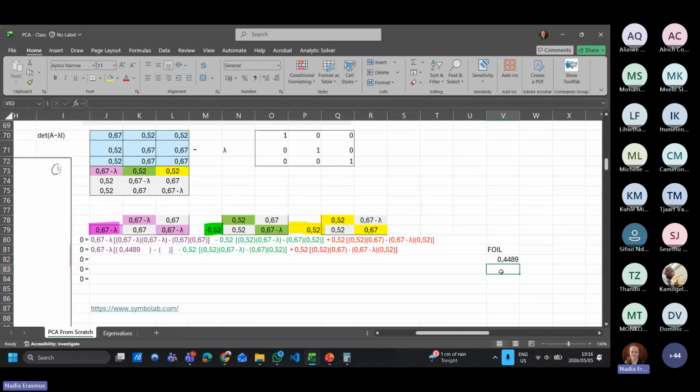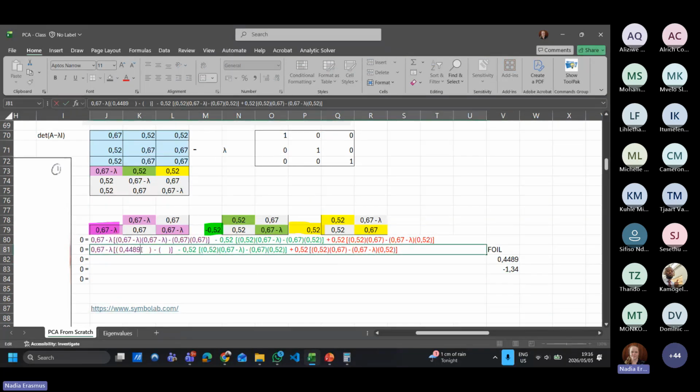So it equals negative 0.67 lambda, because it is minus. So this is the one I need to copy. Lambda.